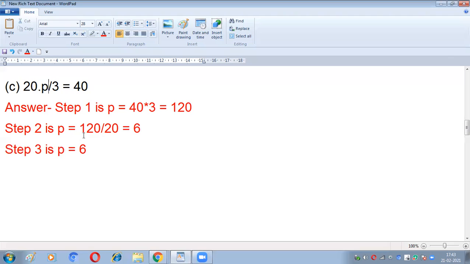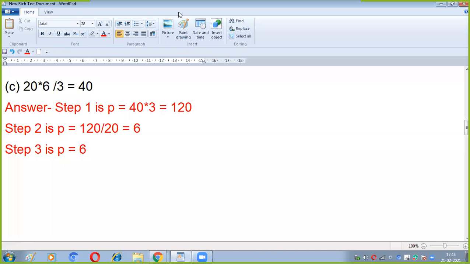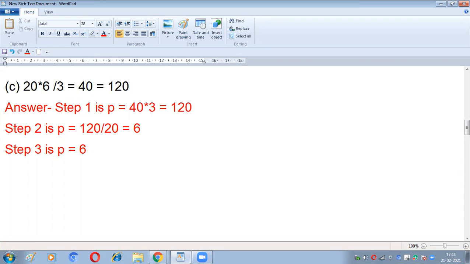Our solution was 6, so we simply put 6 instead of P. 20 multiplied by 6 upon 3 is equal to 40. 20 multiplied by 6 is 120, and then upon 3, 120 upon 3 is equal to 40.